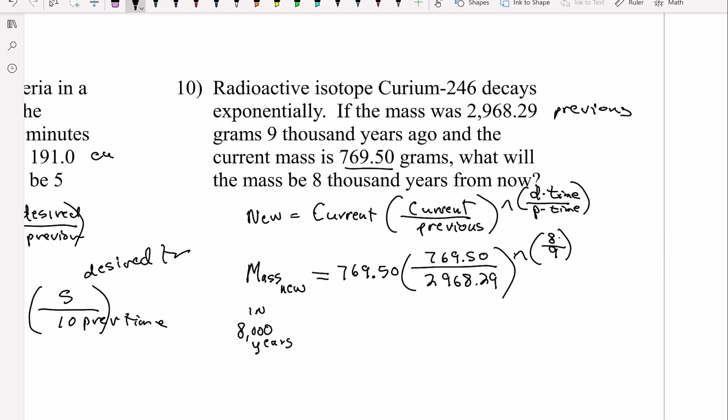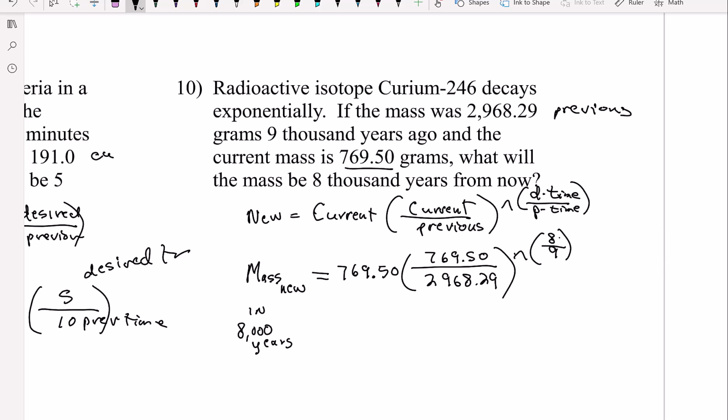So 769.5 or 0.50 parentheses, 769.5 divided by 2,968.29. I pause because I try to always remember to check what I'm actually typing into the calculator.